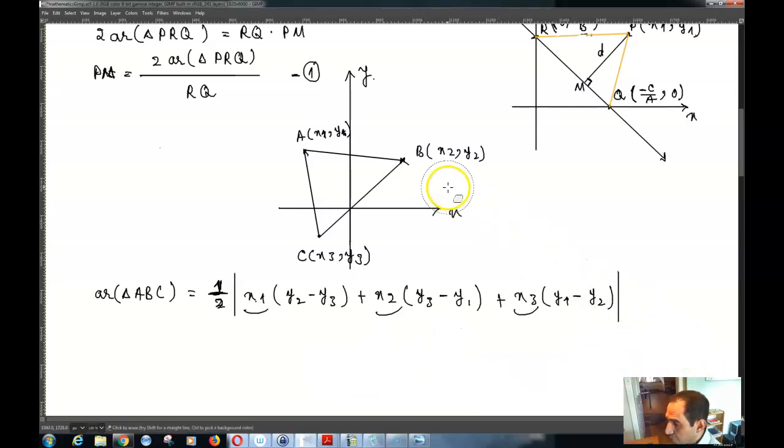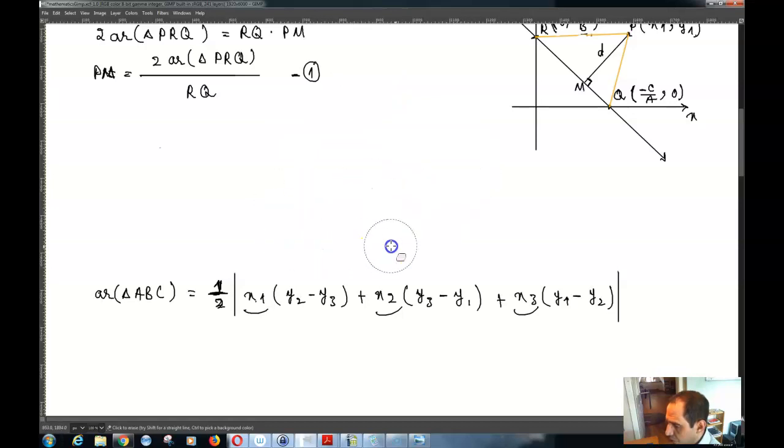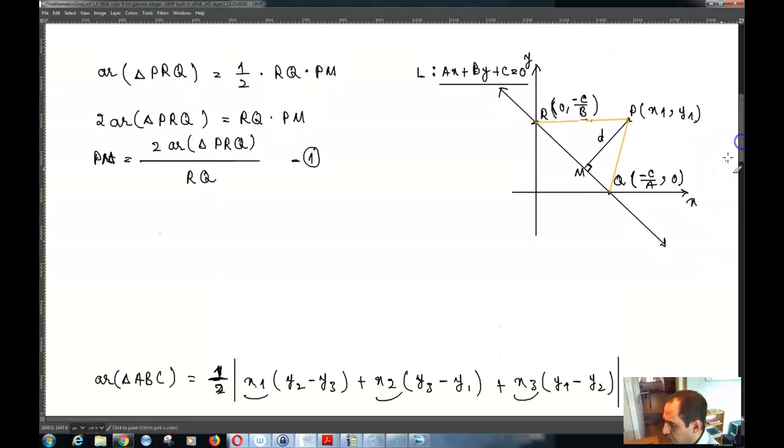Now you do need to use this formula in order to find the area of the same triangle, because this formula gives us the area of this triangle in terms of these 3 points. And that's definitely what we want.